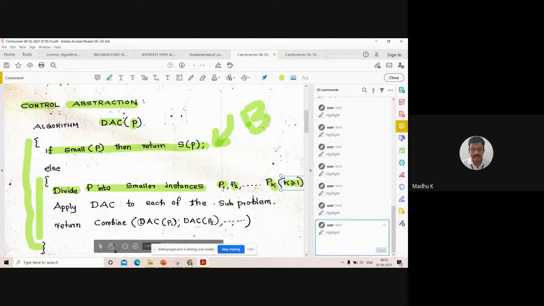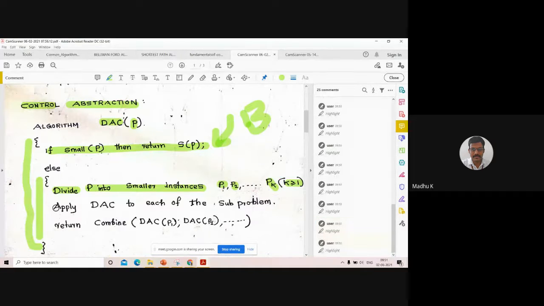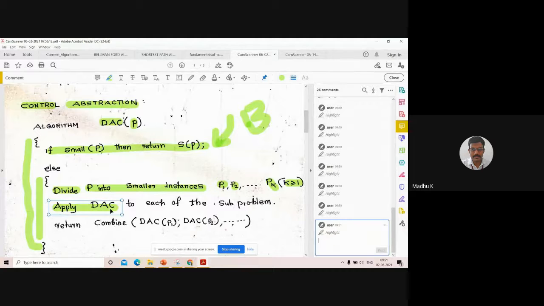Then apply divide and conquer to each of the subproblems. First, we divide the problem into smaller instances P1, P2, etc., Pk. Then apply the divide and conquer approach to each of the subproblems.